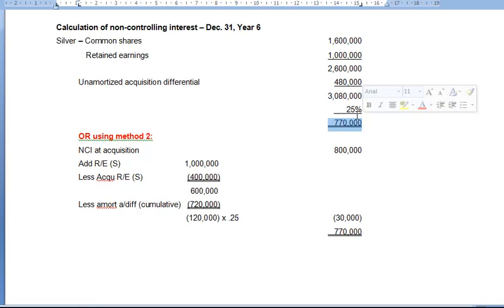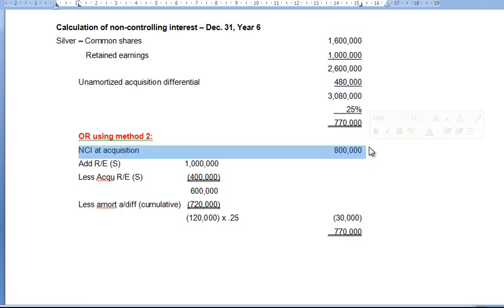Some people may prefer to use the other method, so I'll review it quickly here. You might prefer to start with the opening balance of NCI because it is a balance sheet account at the date the two became related. And then how does NCI change? NCI changes in our case as a result of any post-acquisition adjusted retained earnings of the sub, and the NCI would get its share of those post-acquisition adjusted retained earnings of the sub.